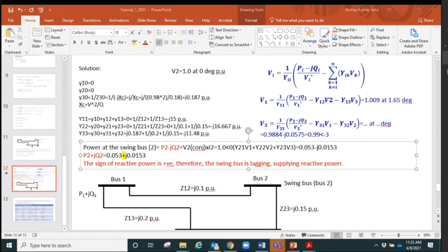It's positive, therefore it's supplying the active power and it's lagging. If it was negative, then it would have been consuming the active power from the system, that 3-bus system, and the power factor will be leading in that case. Is that okay with everyone?